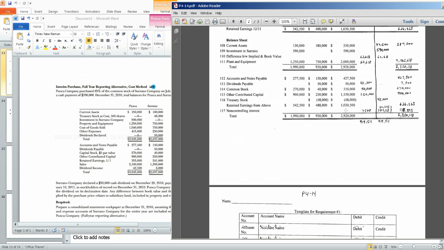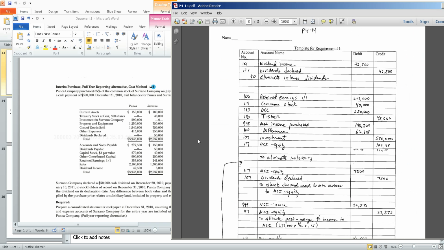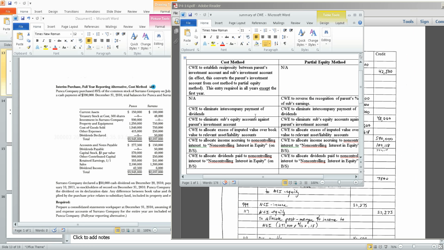Okay, so now that we've done that, we're ready to begin the process of preparing our consolidated worksheet entries. Here the parent company is accounting for its investment under the cost method, so we're looking at the entries that we need to make under the cost method column.